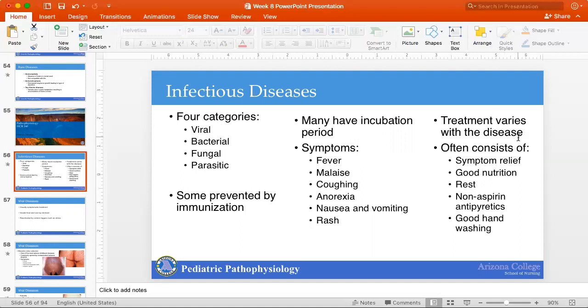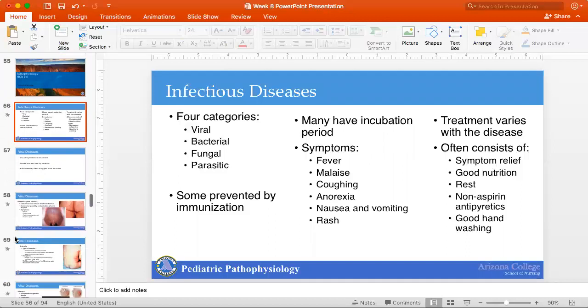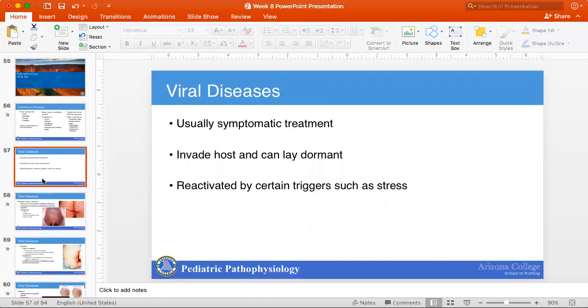It could consist of symptom relief, good nutrition, rest, antipyretics, and also good hand washing. Viral diseases, usually symptomatic treatment, invade host and can lay dormant, reactivated by certain triggers such as stress.